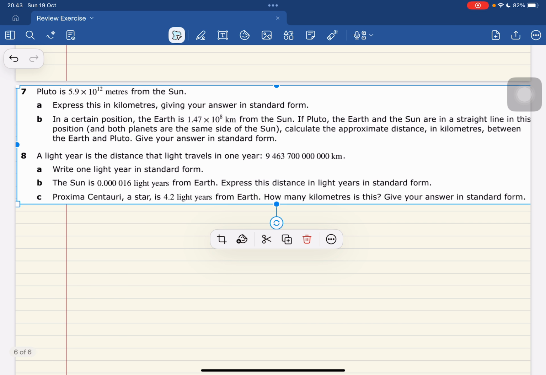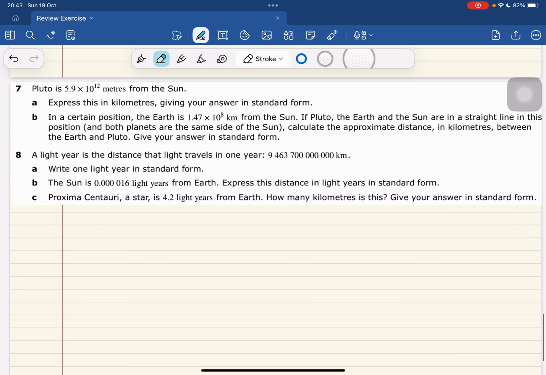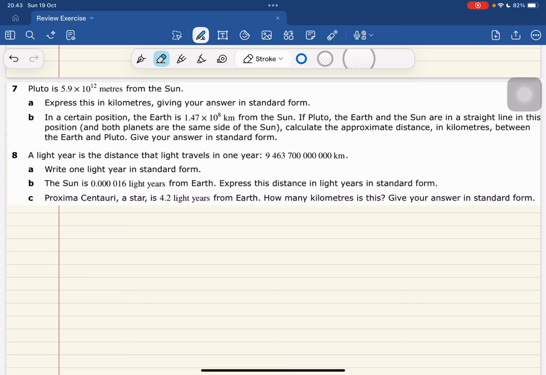Pluto is 5.9 exameters, giving your answer in kilometers. Okay, meter to kilometer. So we should remember, if meter to kilometer, we need to divide by 10 to the power of 3.